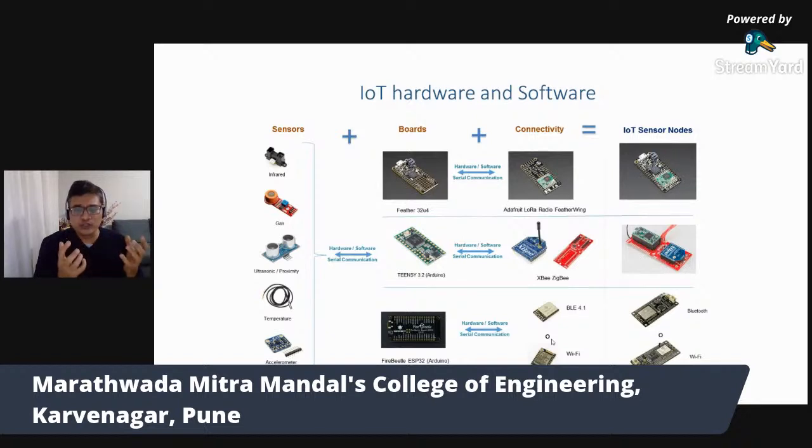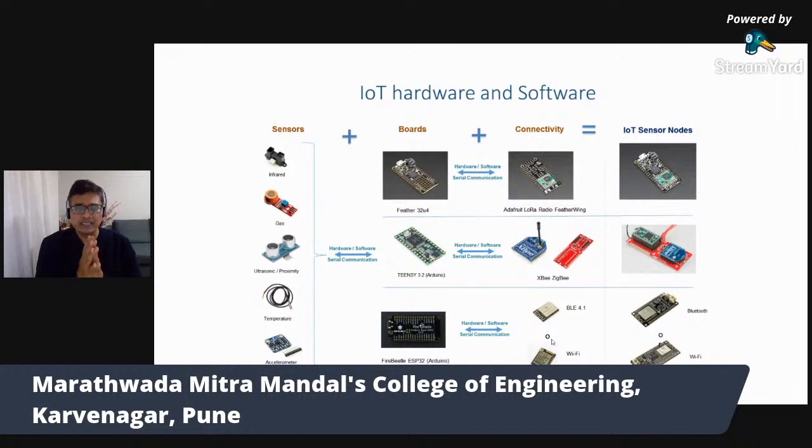Now, if I interface my sensor and program an Arduino board, and suppose I have to send this data through Wi-Fi to another device, or to my IoT platform, that is where networking comes into the picture.